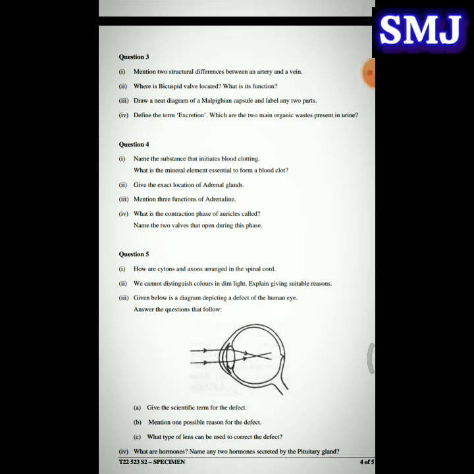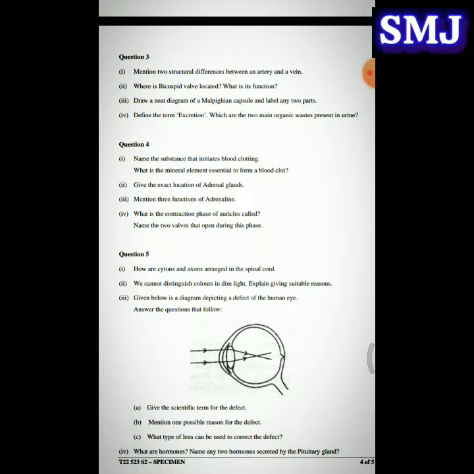Next, name any two organic wastes present in urine. So the answer is ammonia and urea.